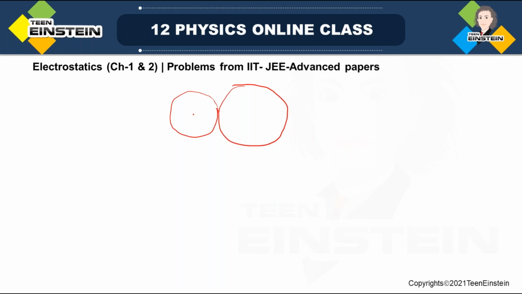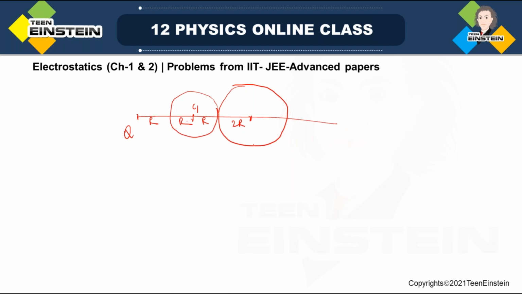Okay, they're in touch, so their centers are like this. So I have here the key point. This is 2r, this is r, this is r, and 2r from the center C1 means this is also r.